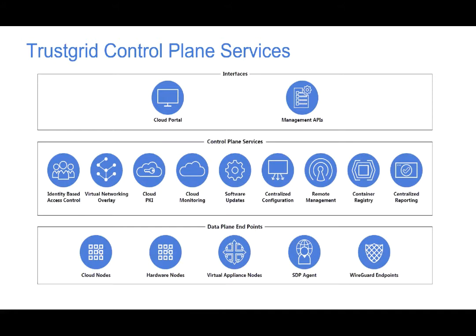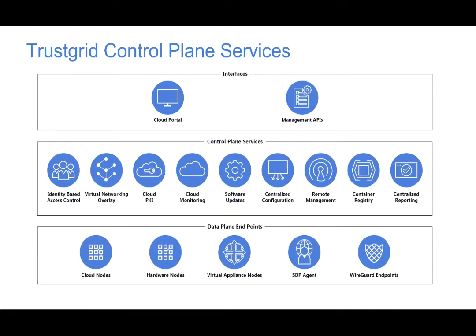Most of our customers rely extensively on our management APIs for network management, as well as integration into the security services and reporting tools unique to their deployments. In our control plane services, Trustgrid relies on identity-based access control with integrations to leading IDP providers.